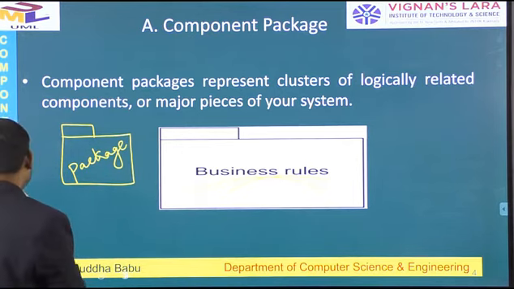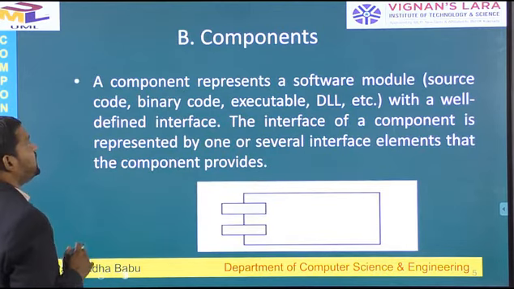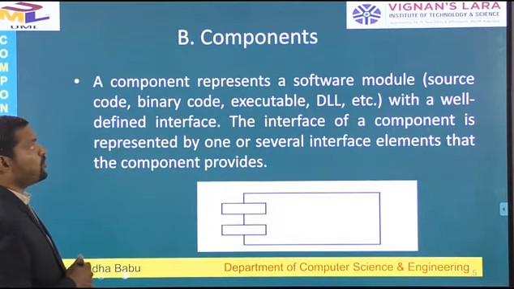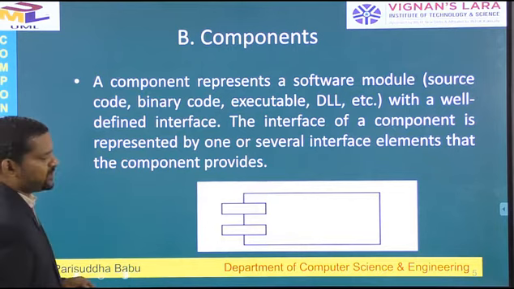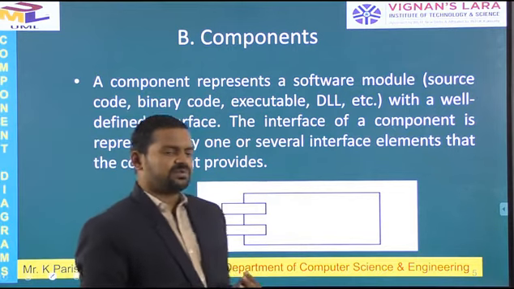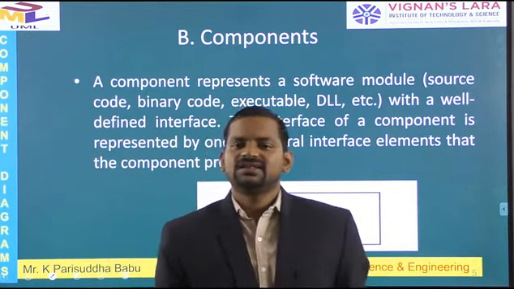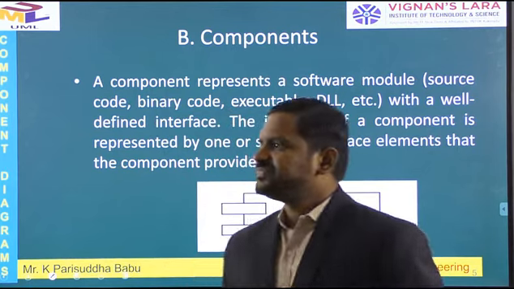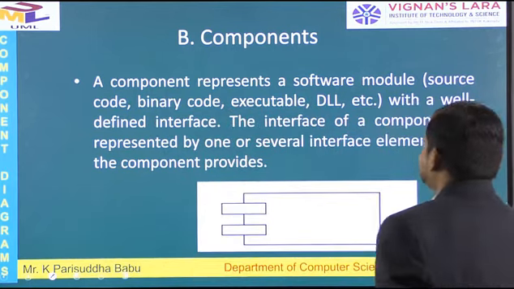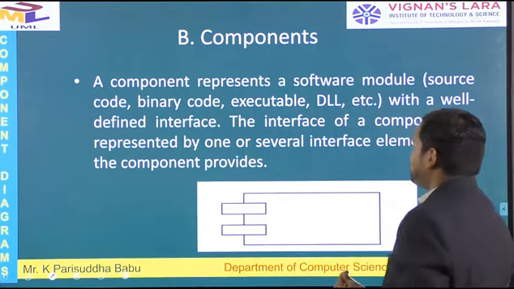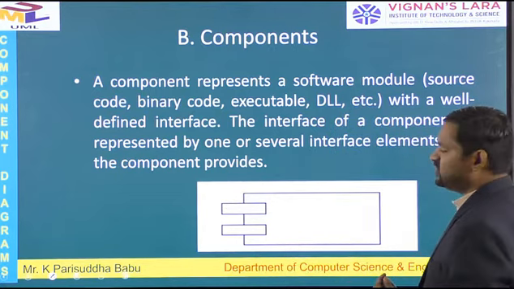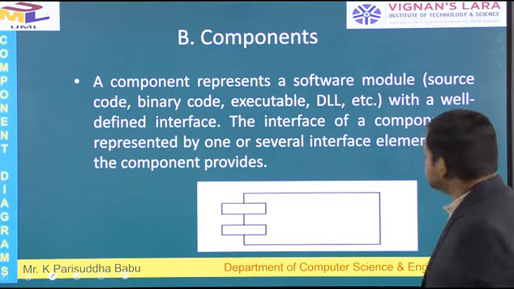Next, we have to see B. The next one is the components. First, component packages are represented with the package symbol, and the second one is the component. Components represent a software module, as we already saw in the previous class.